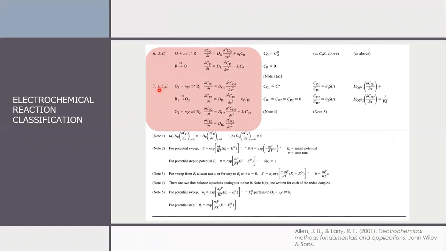In this particular case, two reversible electron transfers take place, and both are reversible. It means you're expecting a double peak in your cyclic voltammogram. I'll be covering this in potential sweep methods. This is all for today.